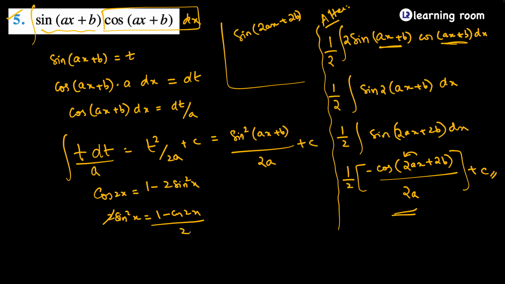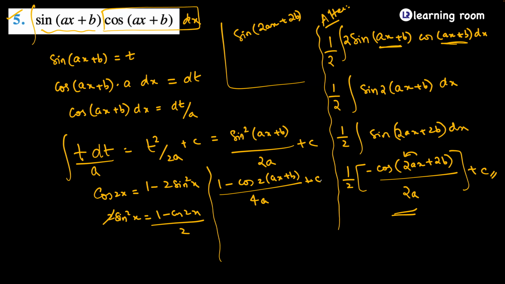So sine square, in the place of x, I have ax plus b. Sine square of something is equal to 1 minus cos of 2 times that something, the whole divided by 2. So I can write 1 minus cos of 2 times ax plus b, the whole divided by 2, but the 2 will get multiplied with 2a to give us 4a, and you have c.